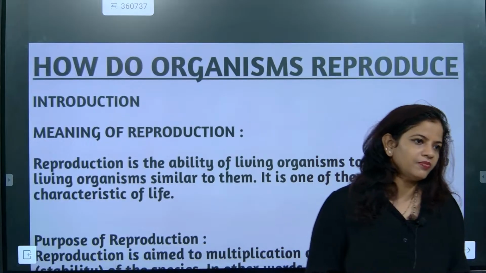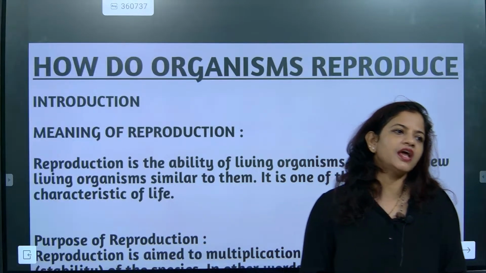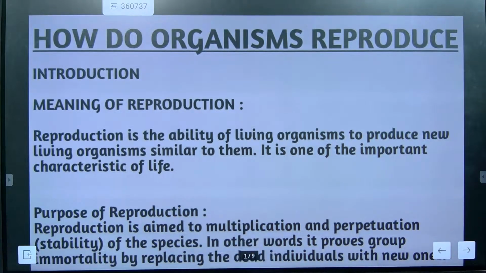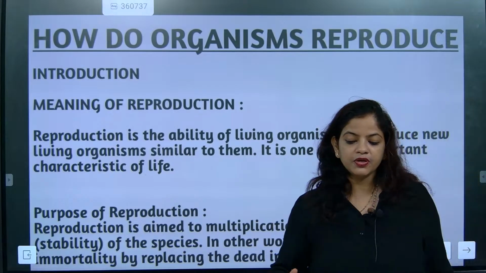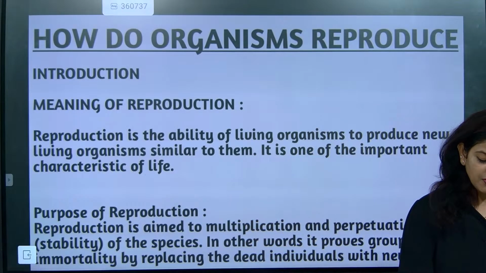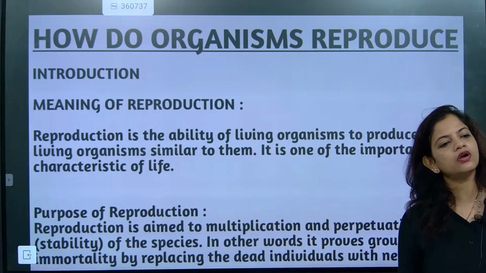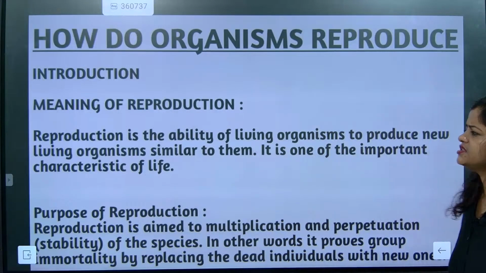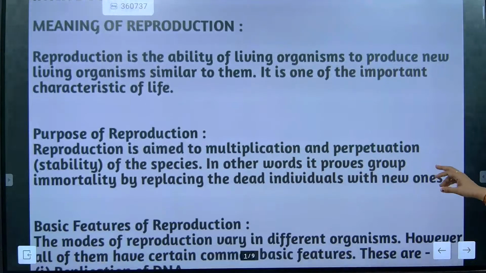Reproduction is of two types: asexual reproduction and sexual reproduction. So reproduction is the ability of a living organism to produce new living organisms similar to it.